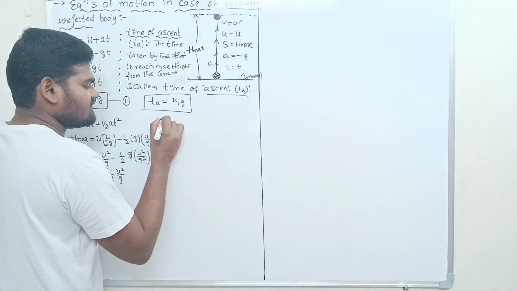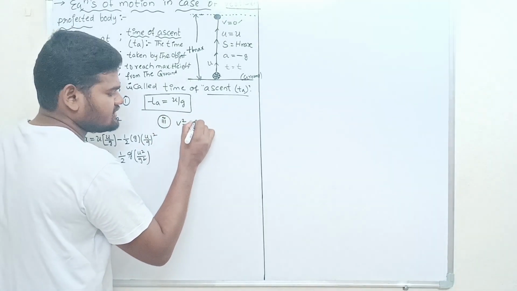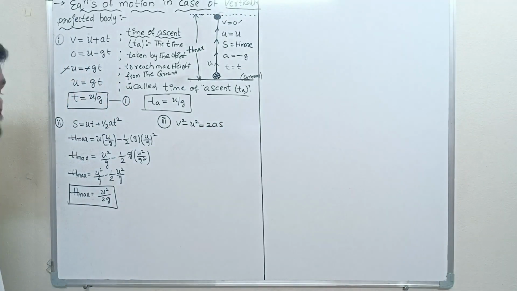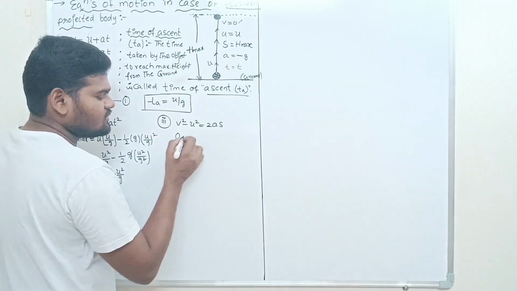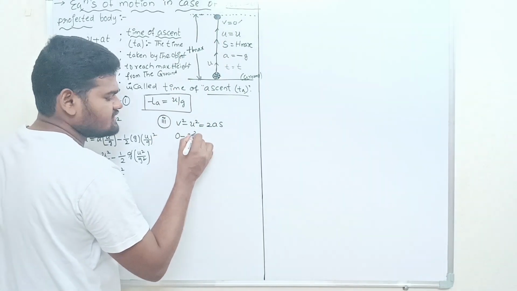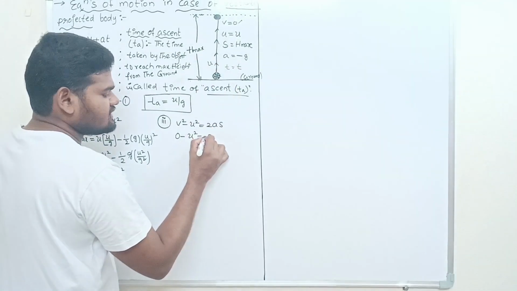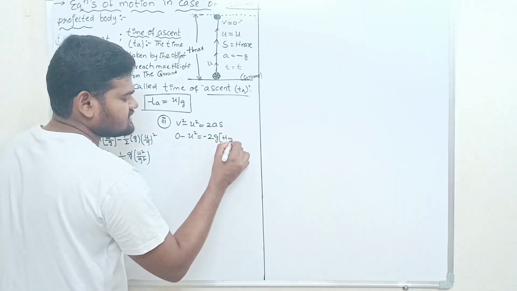Let us see the third equation of motion: v squared minus u squared = 2as. The final velocity of the object is 0, minus the initial velocity u squared, equals 2 times a, which is minus g, times s, which is h maximum.